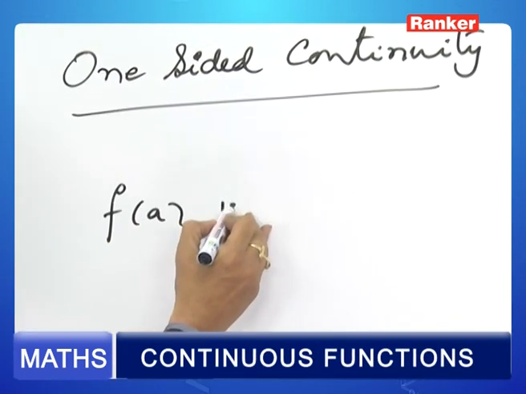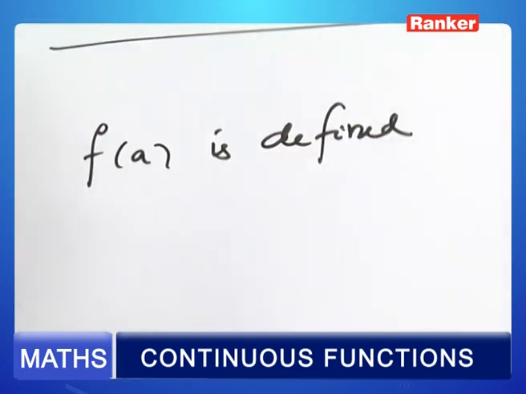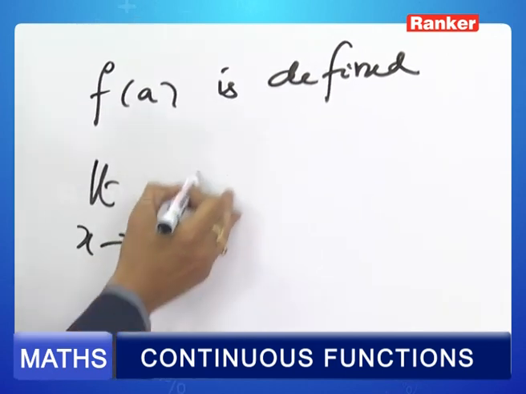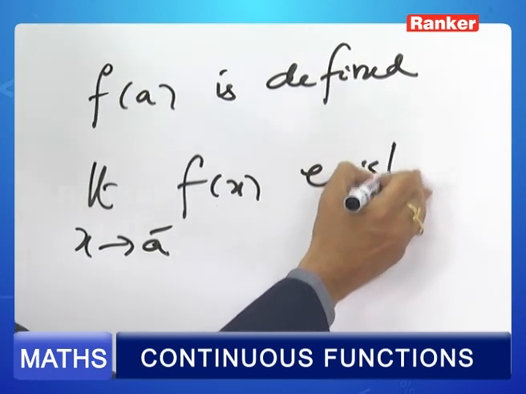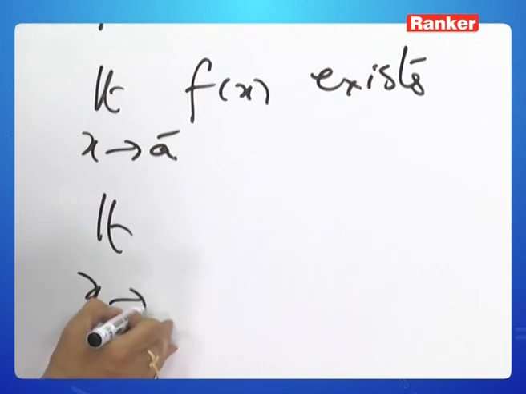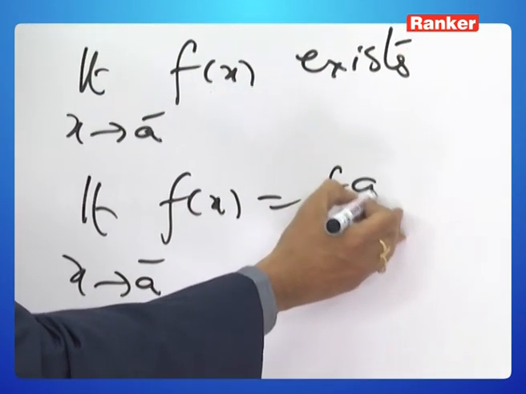f of a is defined. The limit as x tends to a from the left of f of x exists. The limit as x tends to a from the left of f of x is equal to f of a.